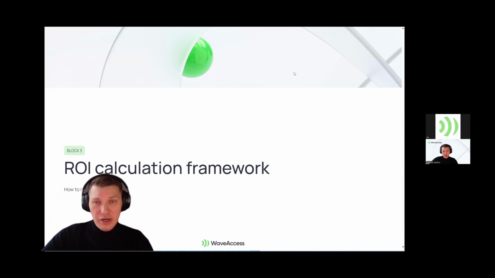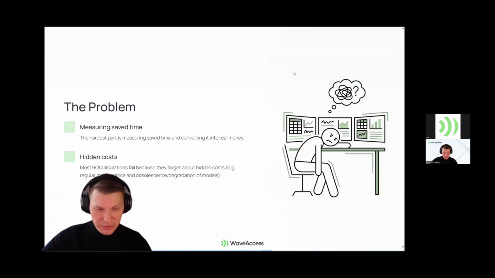So from our experience, we have prepared a calculation framework. It's pretty basic, nothing special, but we use it with our companies when we talk with them about artificial intelligence. We talk about business value, of course.